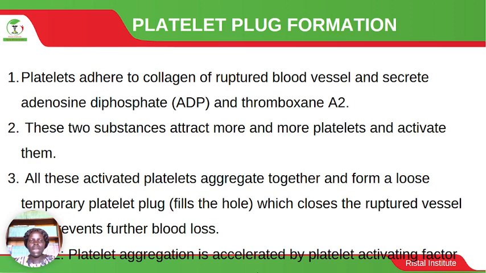So all these activated platelets aggregate together and form a loose temporary platelet plug, which fills in the hole that has been cut. It closes the ruptured vessel and prevents further blood loss. We should also note that platelet aggregation is accelerated by platelet activating factor.